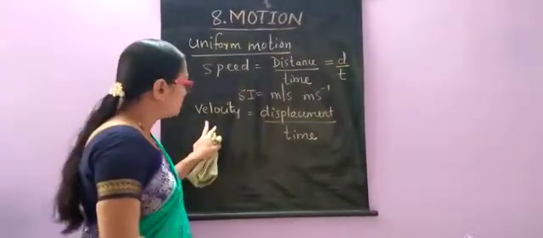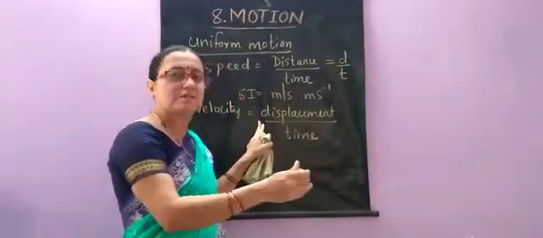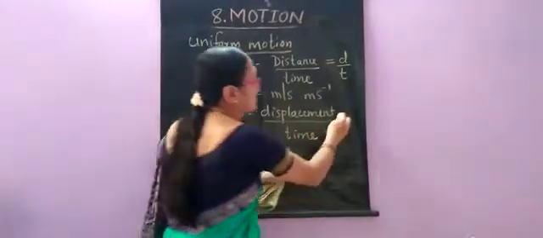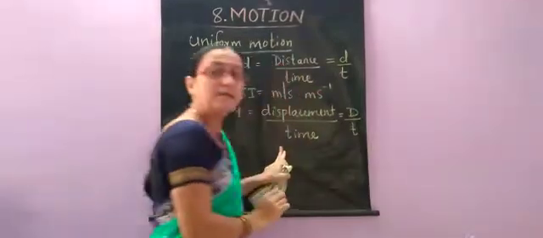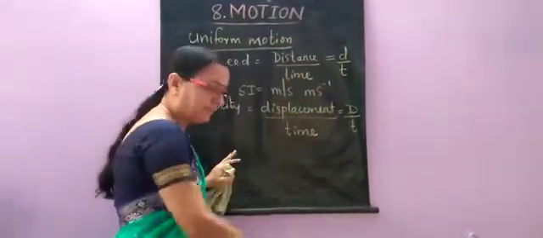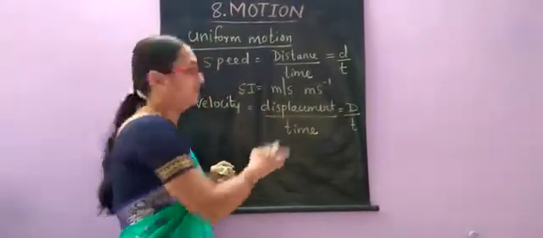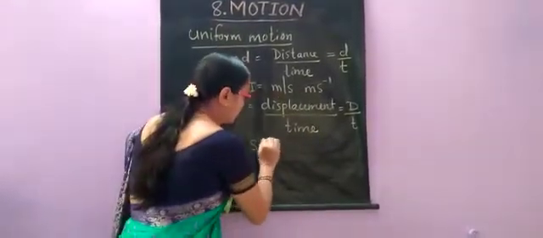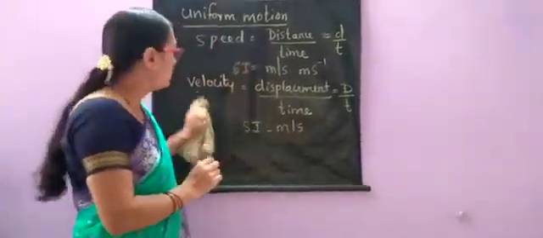Velocity is measured as the shortest distance in unit time, given by capital D divided by T. Displacement is also a covered distance, maybe the shortest distance, so the unit remains the same. The SI unit is again meters per second, even for velocity.